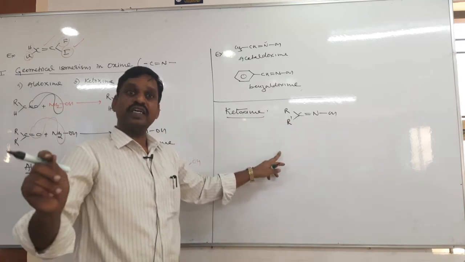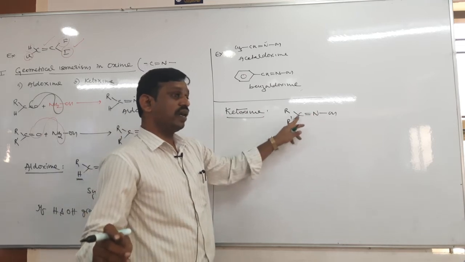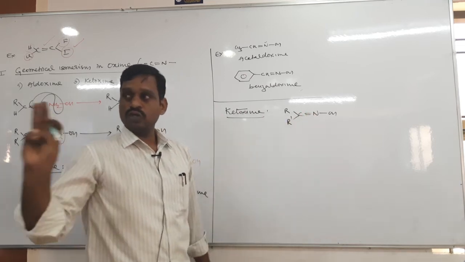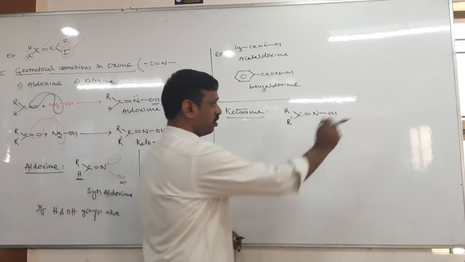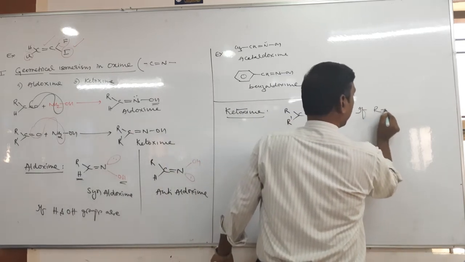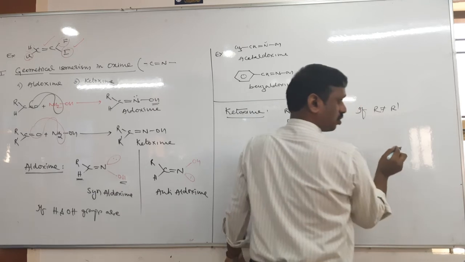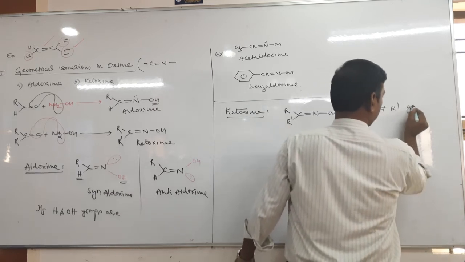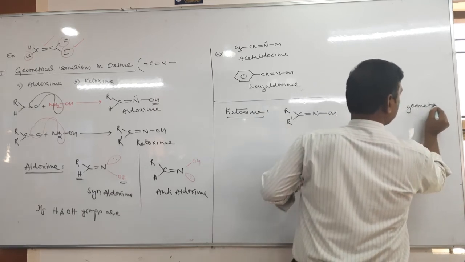Right? The first condition is that each double bonded atom must be attached to two different groups. Therefore, for ketoxime, if R is not equal to R dash, then geometrical isomerism is possible.